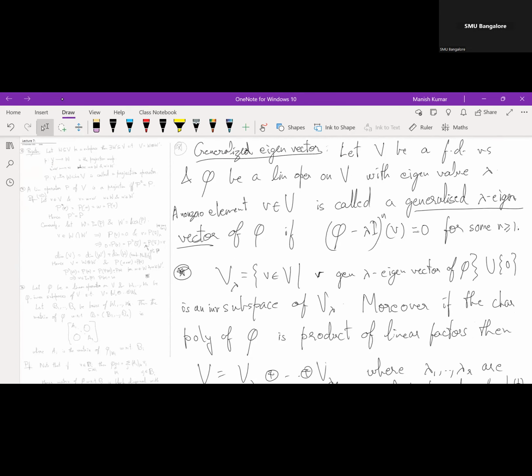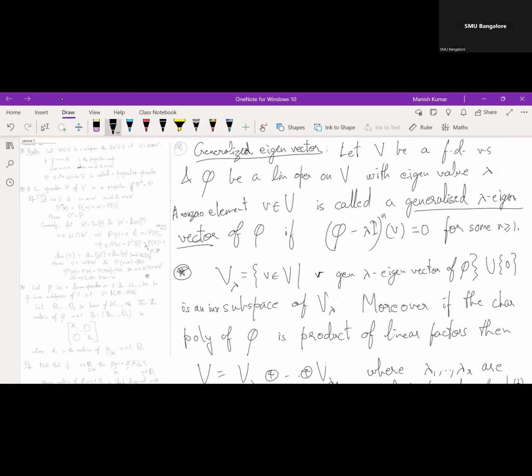First, let's consider the set of generalized eigenvectors of phi. Consider V lambda to be the set of all generalized lambda eigenvectors of phi. 0 is not there, since we don't consider 0 as an eigenvector, so throw in 0 as well.